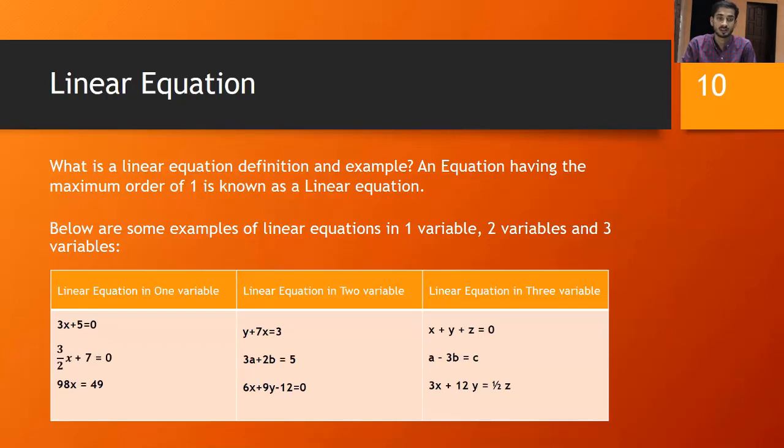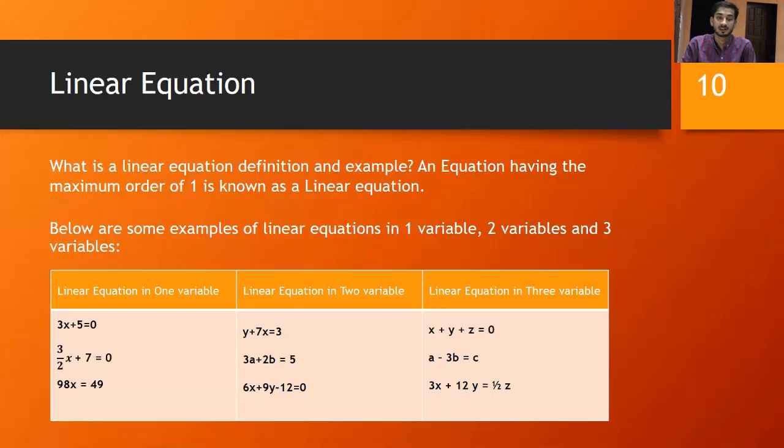Equation number 2, that is 3/2x + 7 = 0. In this equation, x is the only variable. Equation number 3 is 98x + 98x = 49.